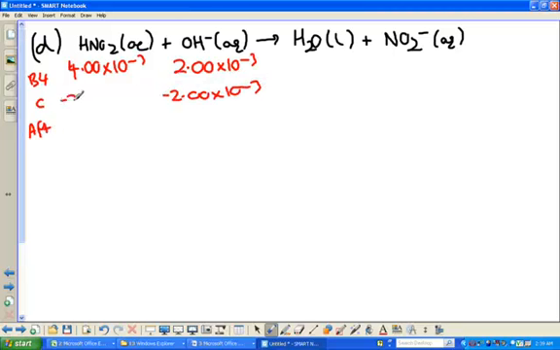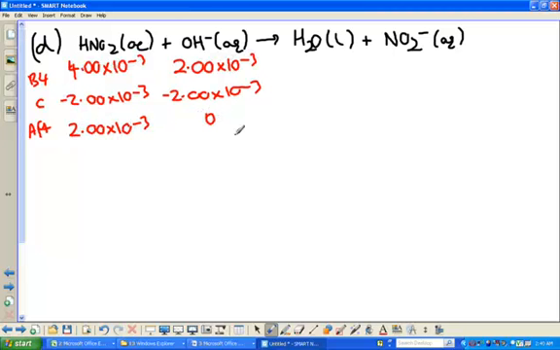So I've used up exactly the same number of moles of my acid. Because that's 0, this ends up being 2.00 times 10 to the negative 3. And you remember I chose this 2 because that is half of my acid here.